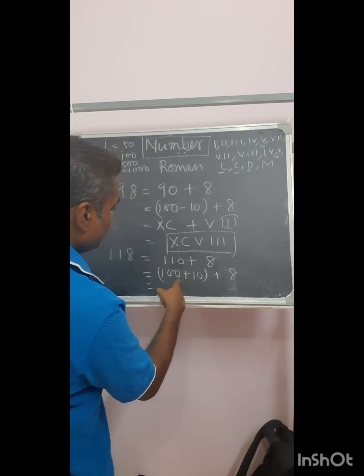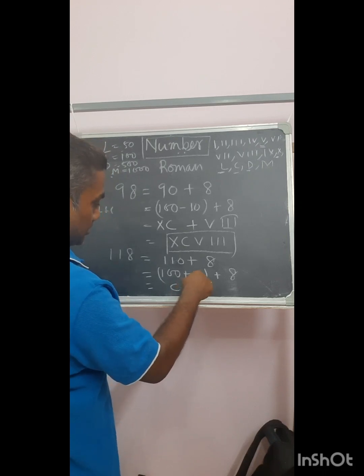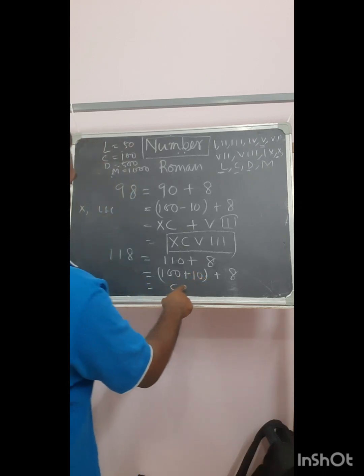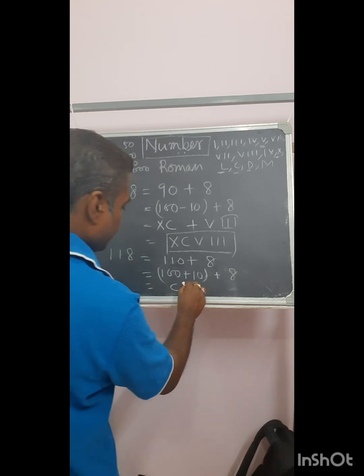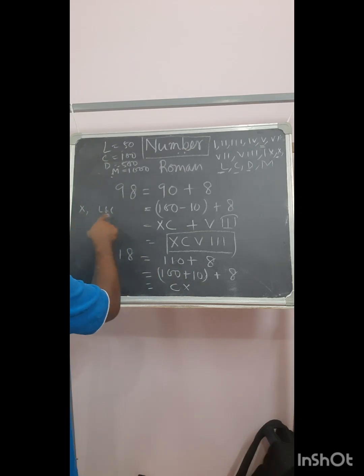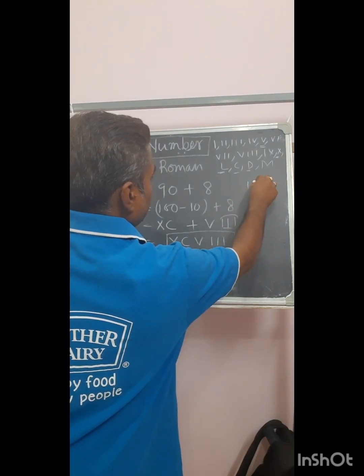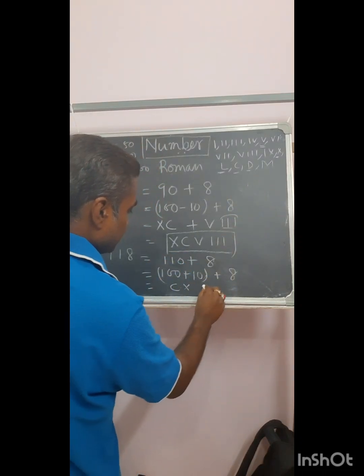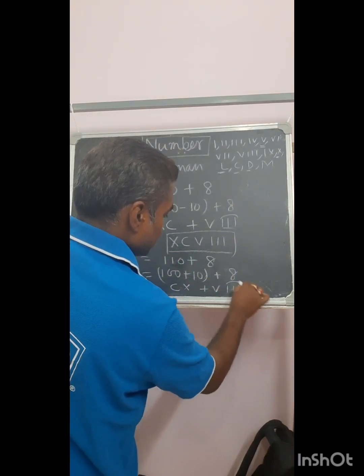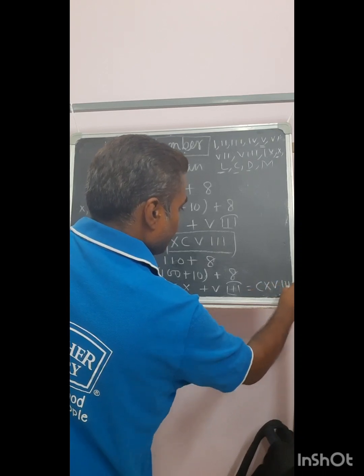Here 100 is C, then X is added. Can I write X after the C? I can write it, because if X can come before C, it can also come after C. This is understandable. So this is C, and the remaining is the same as earlier. So I will write V.